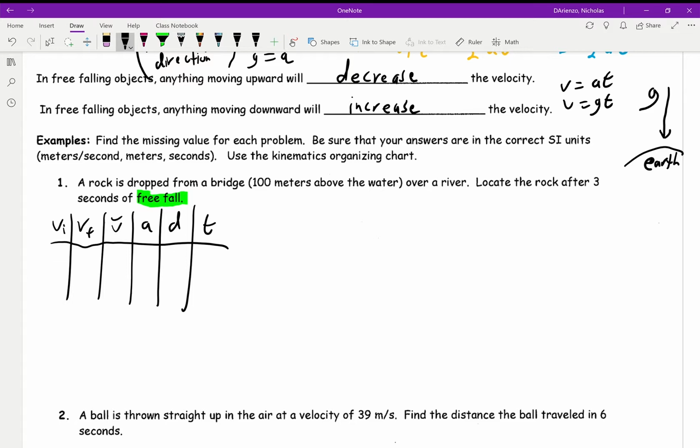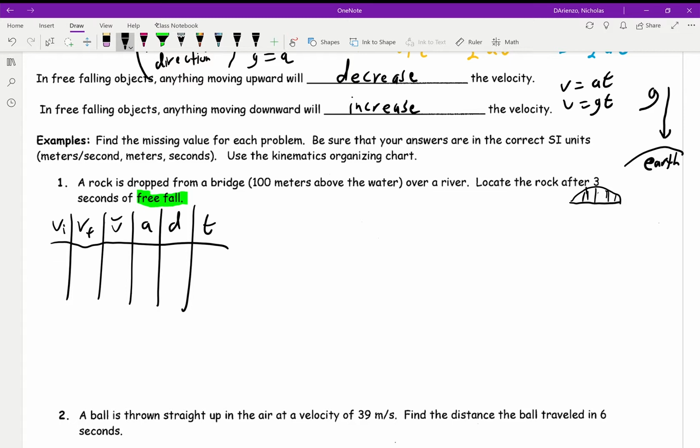So a rock's dropped from a bridge 100 meters above water over a river. Locate the rock after 3 seconds of free fall. So we have some kind of bridge here. There's my bridge.